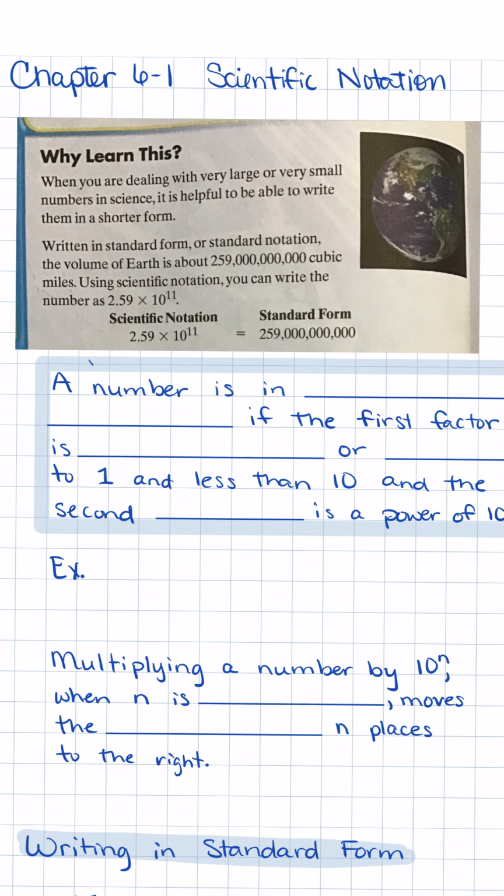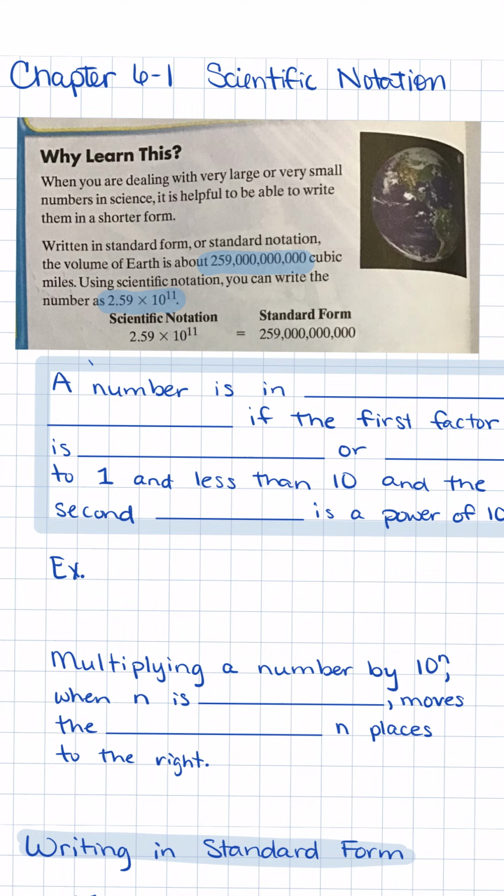Written in standard form, the volume of the Earth is 259 billion cubic miles. Using scientific notation, you can write it as 2.59 times 10 to the 11th power.